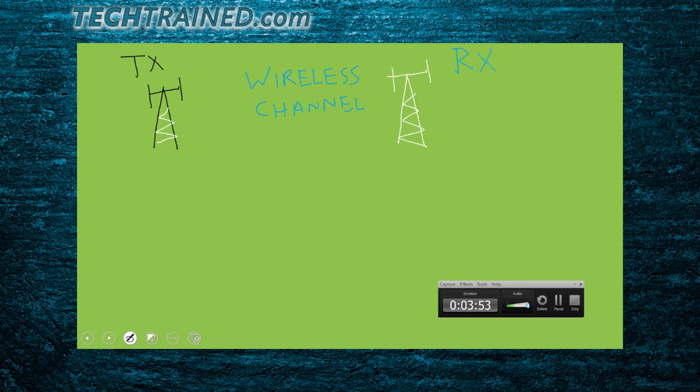What we can do is use one of the schemes which we call transmit diversity in order to improve the reliability of coverage. In this case, let's say we have a wireless channel and a lot of fading in it. One way to do this is, let's say on the transmitting end we have two antennas.